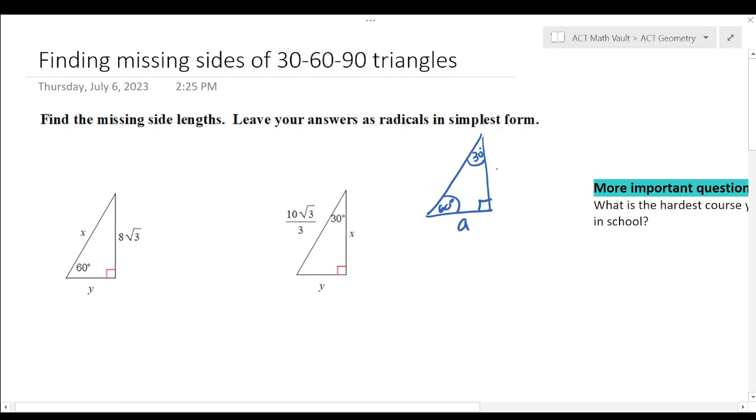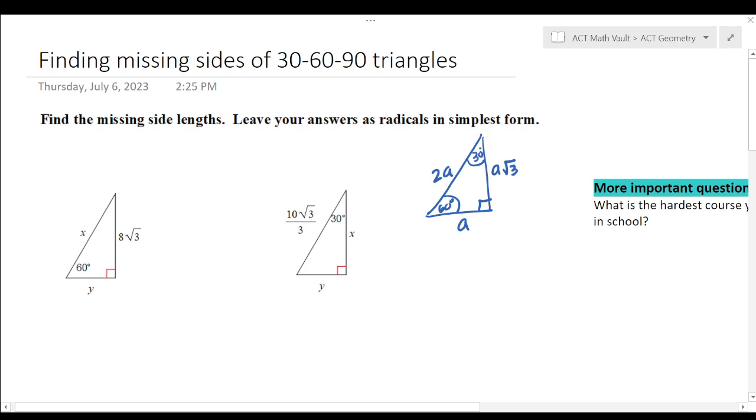If the bottom is A, or let's say 5, then the medium side would be 5√3, or in general terms, A times √3. Then across from the largest angle is going to be the longest side, and that would be length 2A.